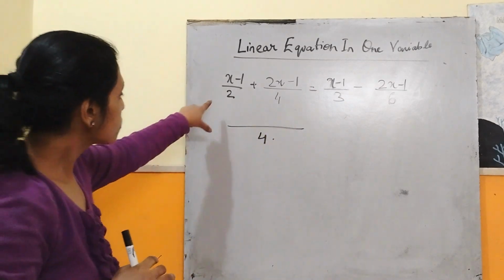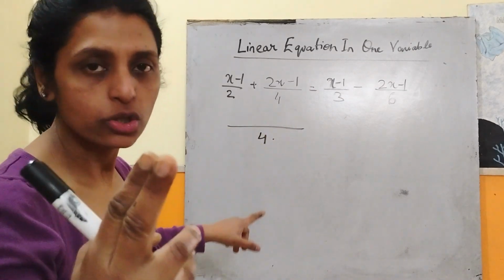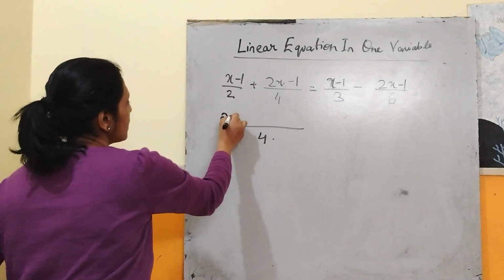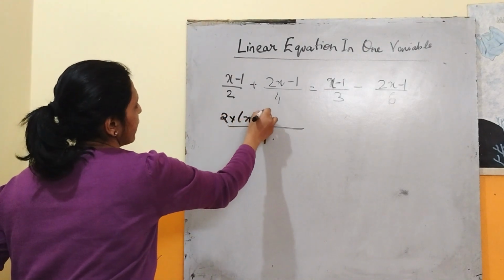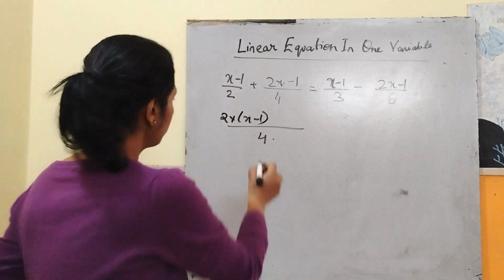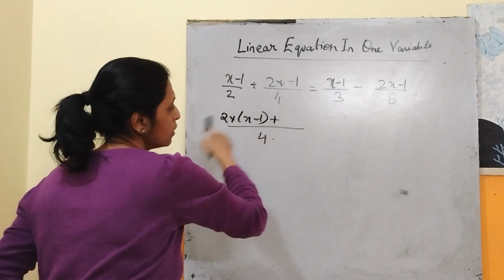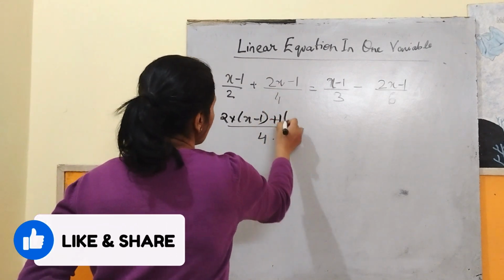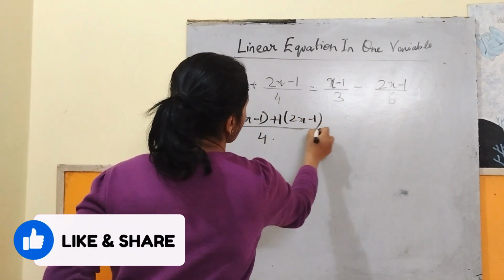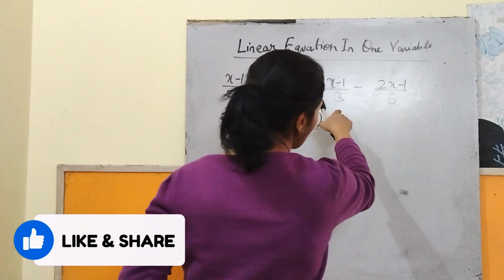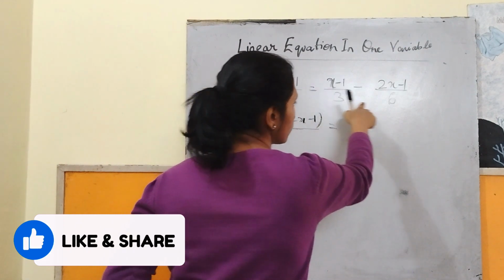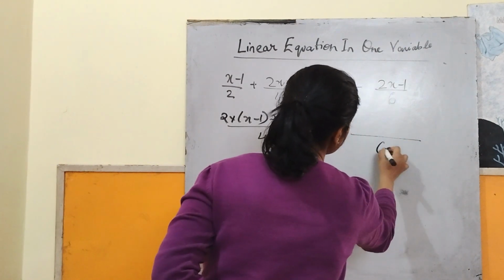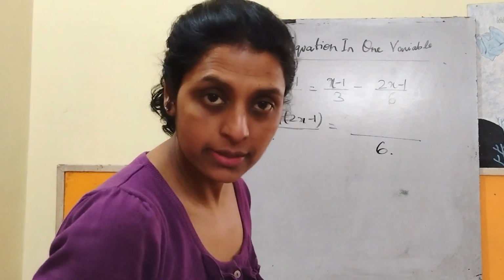In 2's table 4 comes twice, so 2 will be multiplied in the numerator, x minus 1, plus in 4's table 4 comes one time, so 1 will be multiplied with 2x minus 1. Now we are going to take the LCM of 3 and 6, so it will be 6.